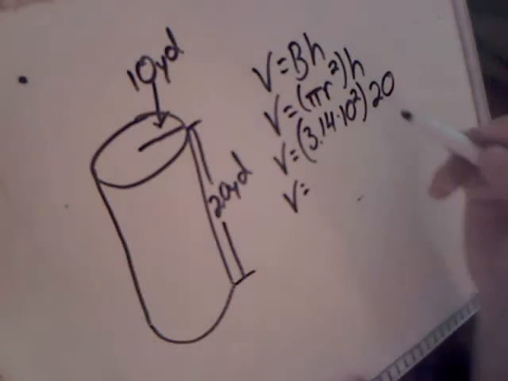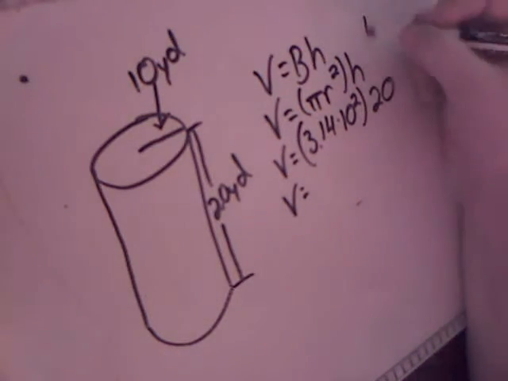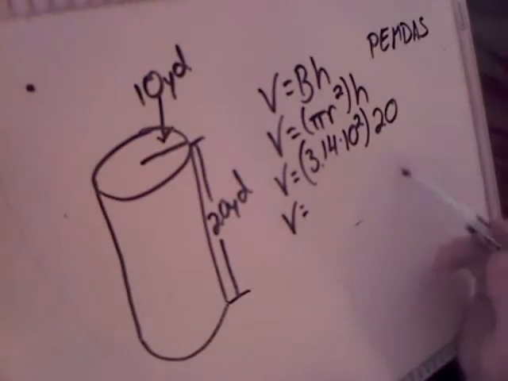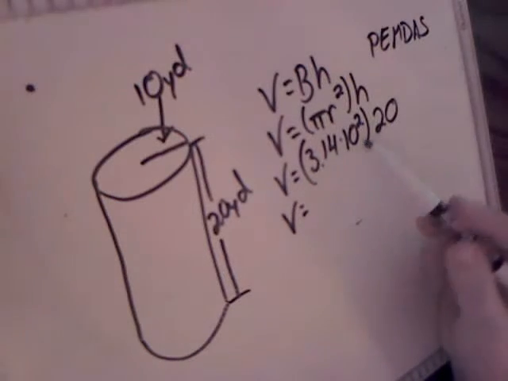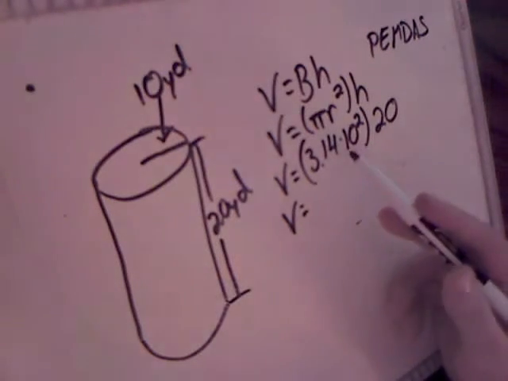First thing we do is we solve using PEMDAS. We always know that we solve parentheses first. But inside those parentheses, we have to solve in order as well, and because the second power is in there, we have to do that before we multiply.